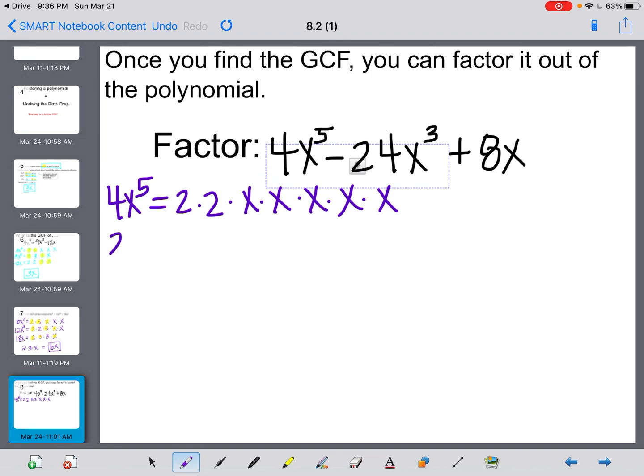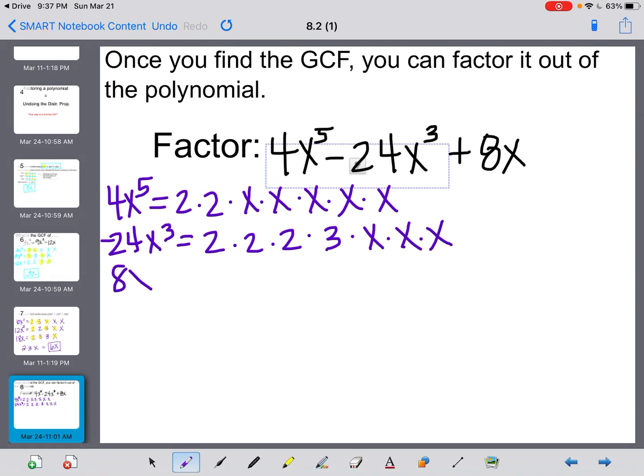And then I have a 24x to the third, which gives me 2 times 2 times 2 times 3, and then 3 x's. And then our 8x is 2 times 2 times 2 with 1x.